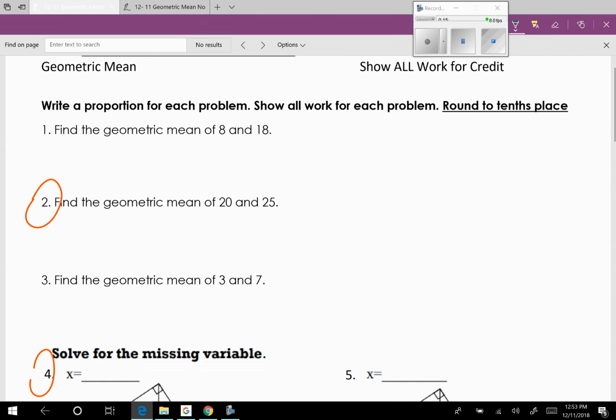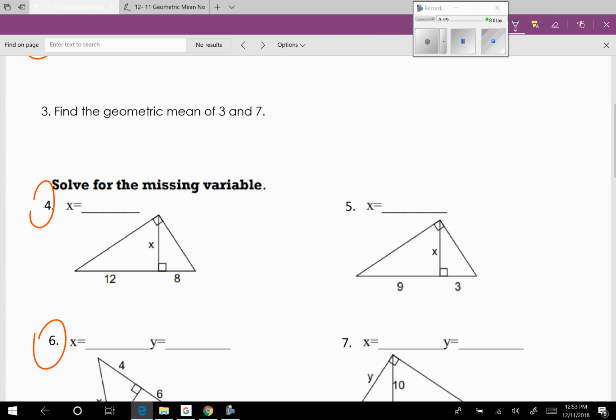So let's go here. Number 2 matches exactly with the notes. You're just finding the geometric mean. That's the first section of your notes on the left-hand side. I want to set up these ones with you. For number 4, we're trying to find the altitude here, so we're going to use the heartbeat rule. We have 12 to x is equal to x to 8.